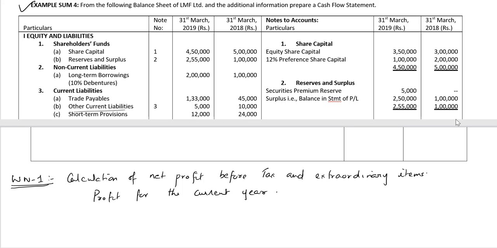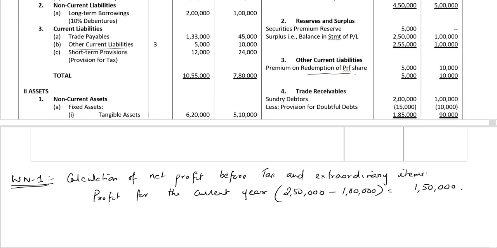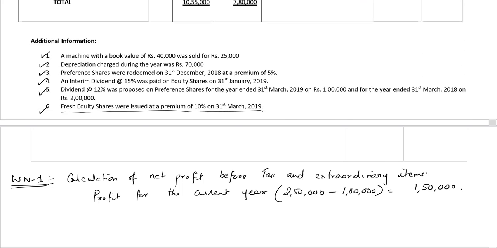We have an opening balance of 1 lakh and a closing balance of 2,50,000. So the profit for the current year is rupees 2,50,000 minus the opening balance of rupees 1 lakh, which comes up to rupees 1,50,000. Let's move on to the other items.